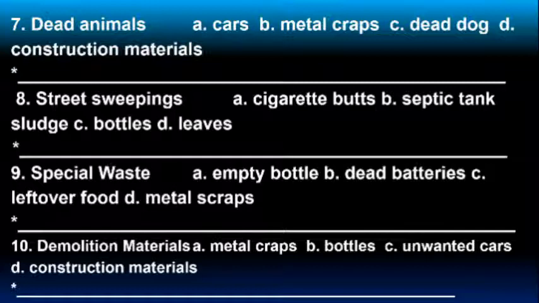Is it A, empty bottle? B, dead batteries? C, leftover food? Or letter D, metal scraps? And last but not the least, number 10, demolition materials. We have A, metal scraps, bottles for letter B, letter C, unwanted cars, letter D, construction materials.